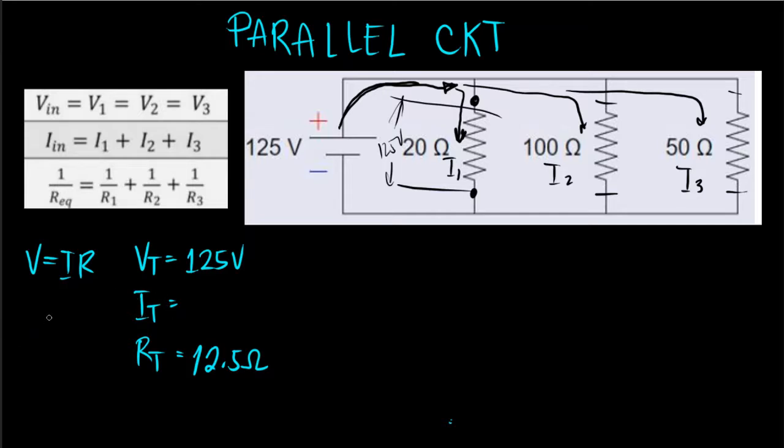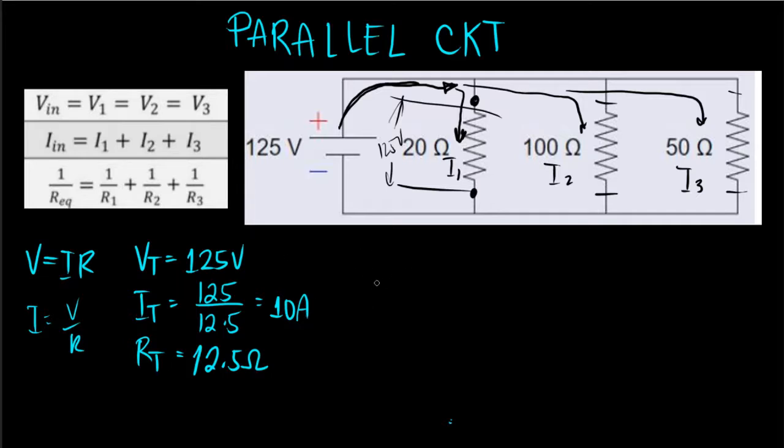So, our I is equal to V over R, from Ohm's law. So, 125 divided by 12.5 is equal to 10 amperes. Okay. So, we have a total of 10 amperes of current. It splits among our three resistors.